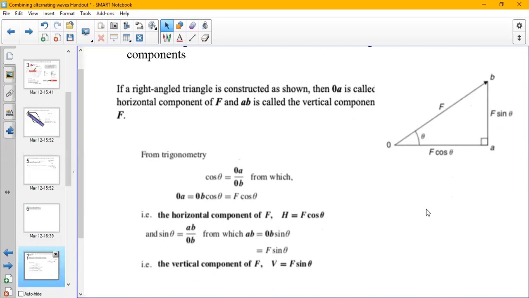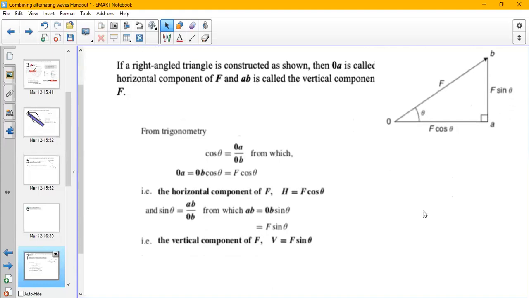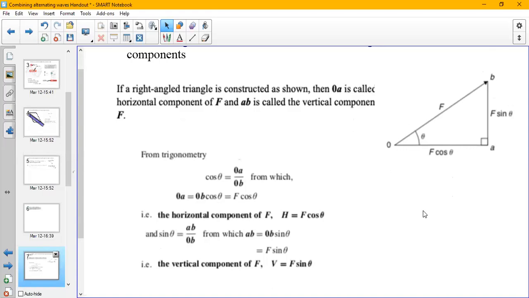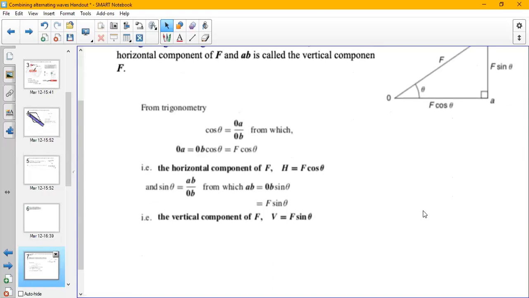Then we can find the resultant by adding vertical and horizontal components together, and you've met that before.